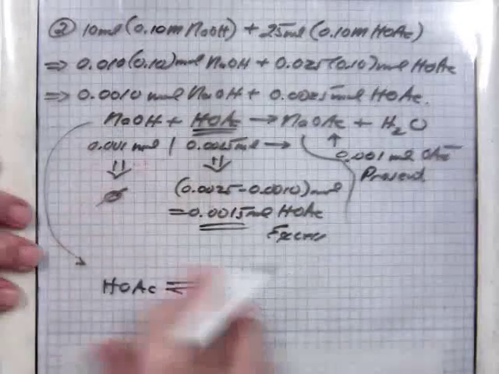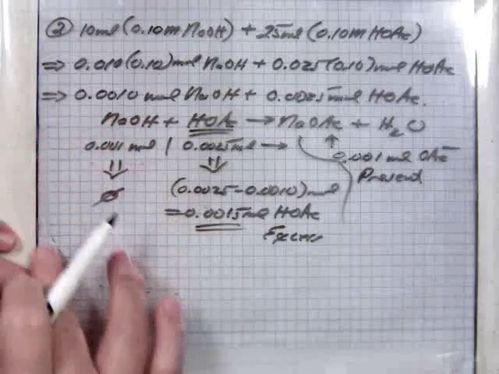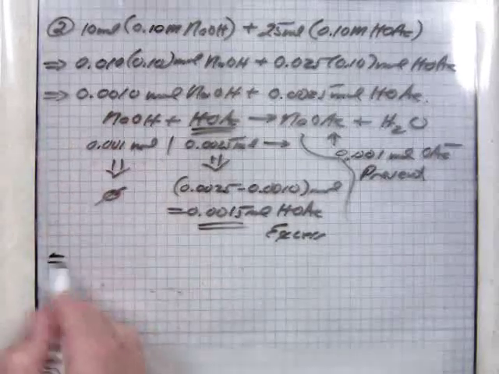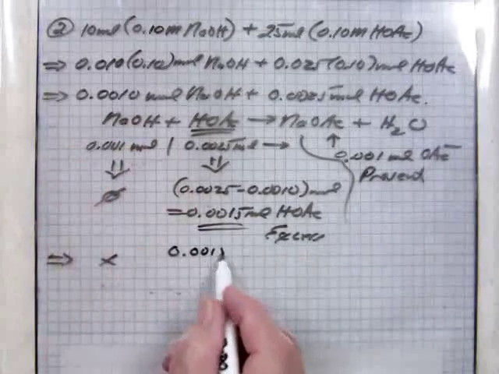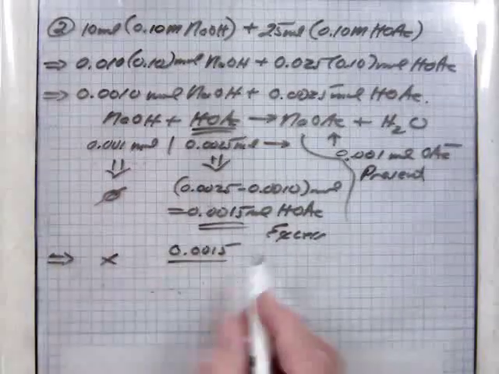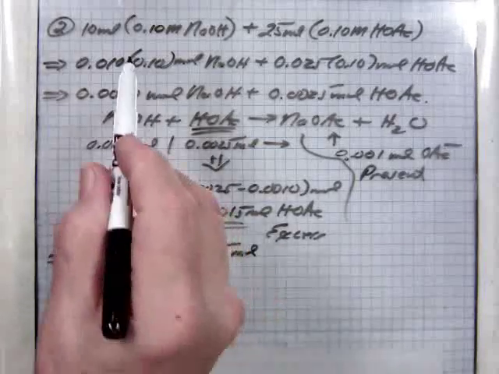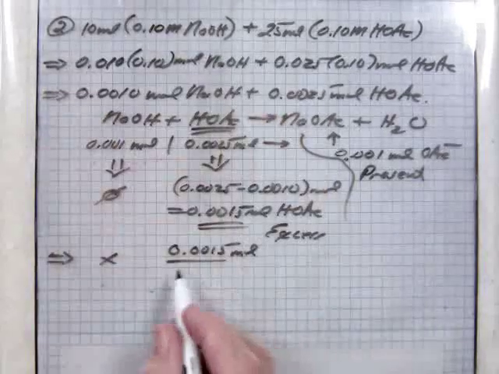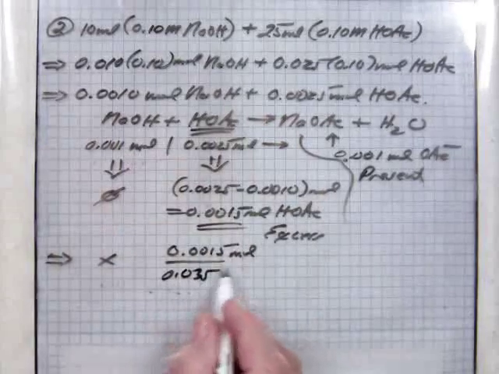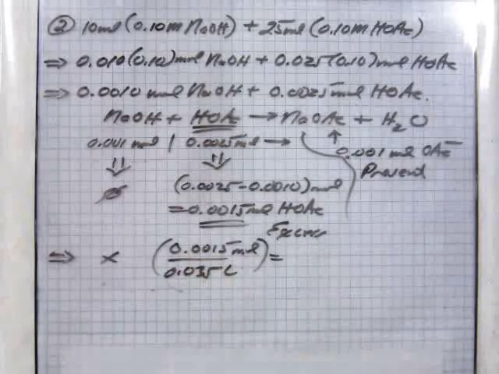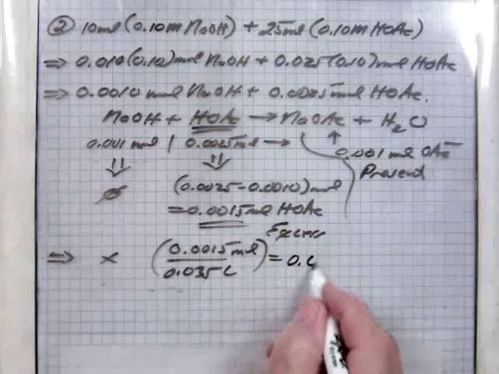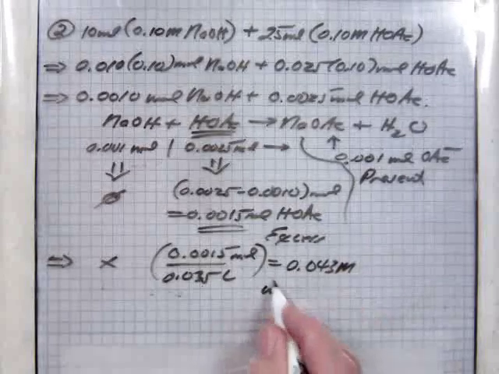Well, I forgot to convert to molar concentrations. So what this gives us is 0.0015 mole, and we mixed 10 and 25, that's 0.035 liter of solution, so whatever that comes out to be. And that is 0.043 molar in HOAc.